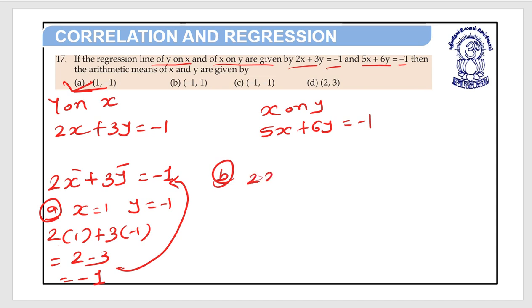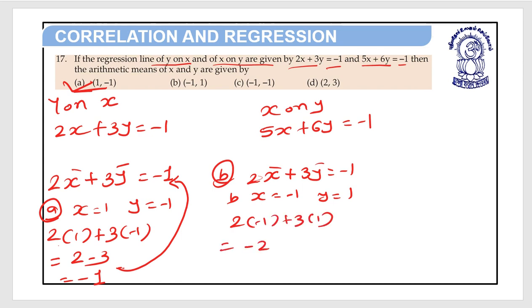So B: 2x bar plus 3y bar is equal to minus 1. X is equal to minus 1, y is equal to 1. 2 into minus 1 plus 3 into 1, minus 2 plus 3, 3 minus 2 is 1. Not equal to minus 1. So option B is not the answer. C: minus 1, minus 1.